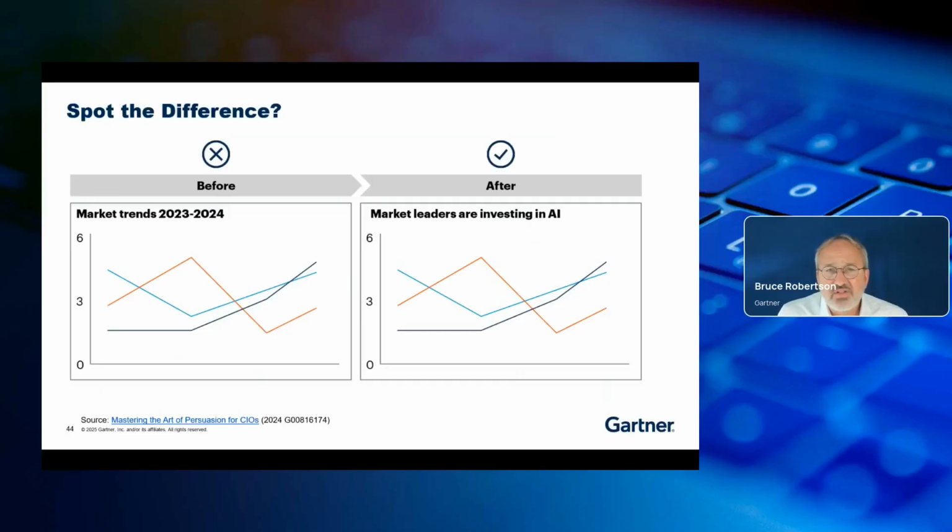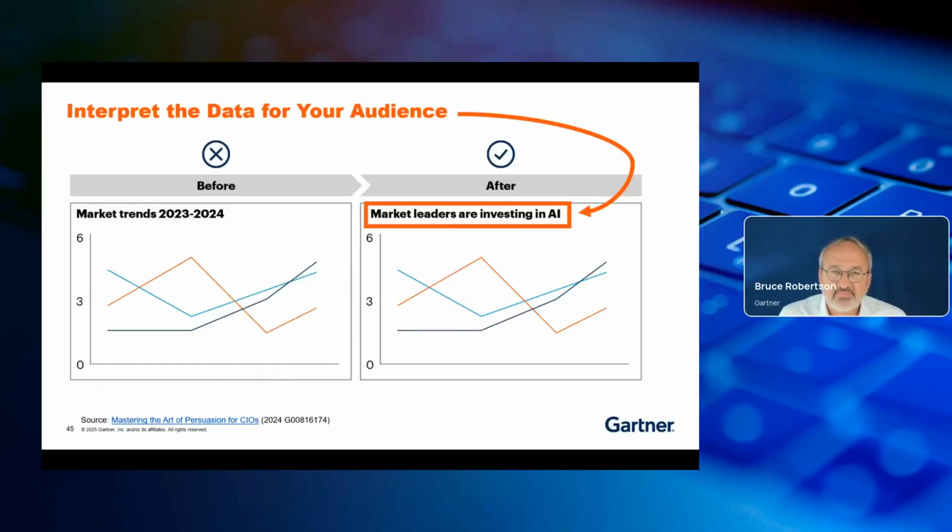Now, another thing we see in doing graphics is people will put out a graphic and it won't make a lot of sense. So take a moment to think about what's the difference between these two graphics. Can you tell? Okay, you probably figured it out.